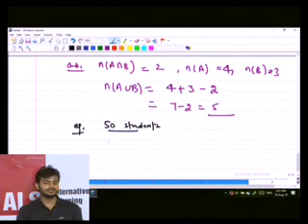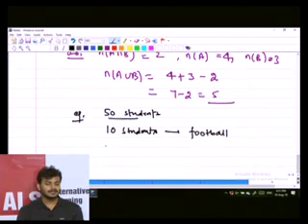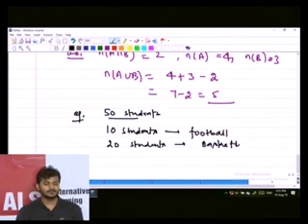Out of these 50 students, there are 10 students who like to play football, and 20 students who like to play basketball, right? Okay, and there are total of 5 students who like both.